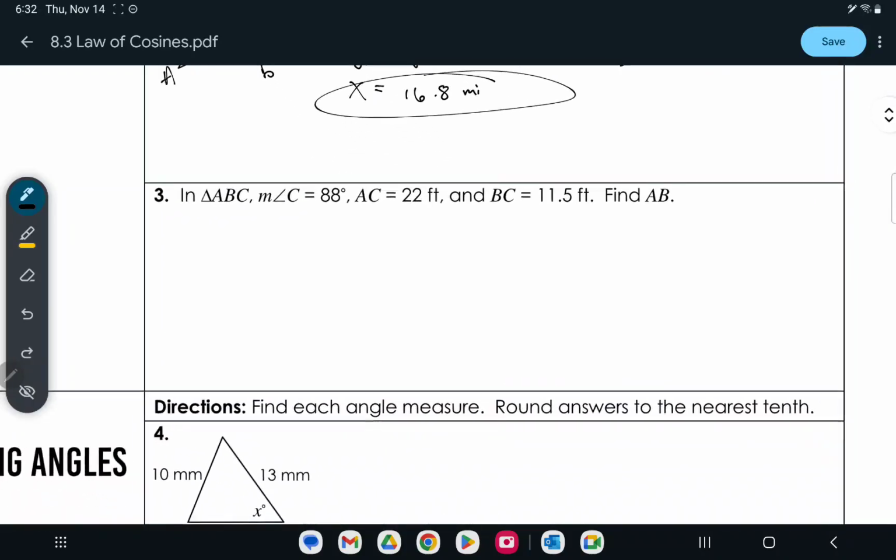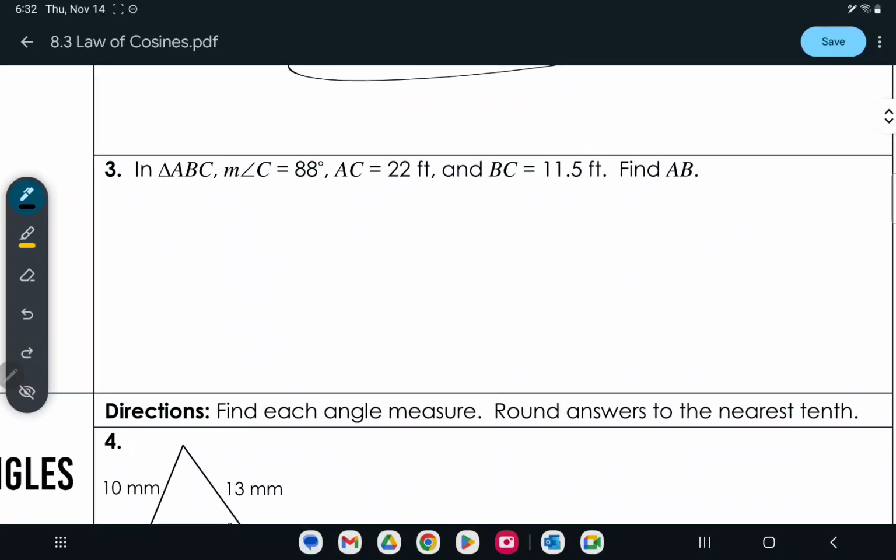Sometimes we won't have a picture and we'll just be given some information, so we can draw a picture. Here's a triangle, A, B, C. The measure of angle C is 88. AC is 22 feet. BC is 11.5 feet. Find AB, so that's little c.